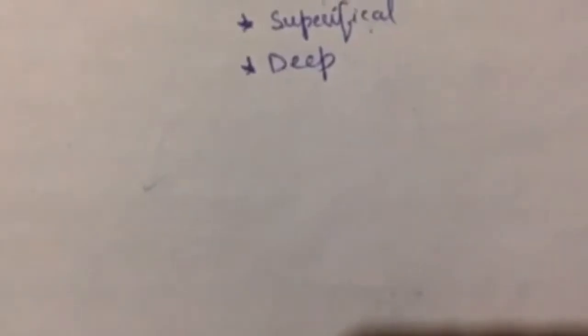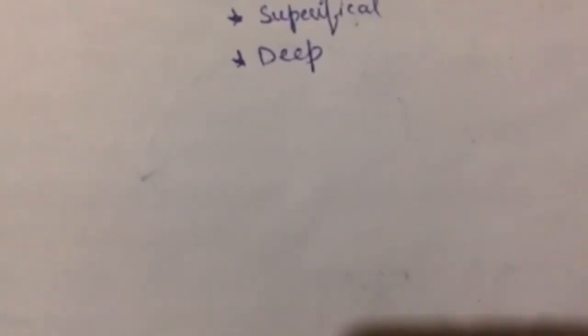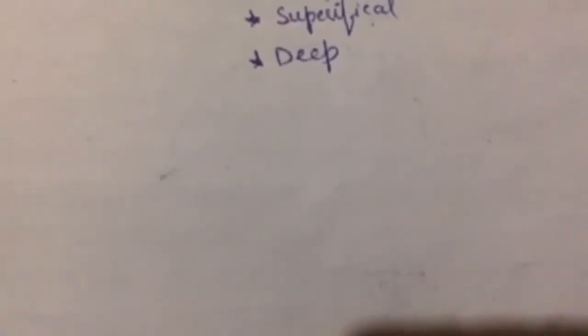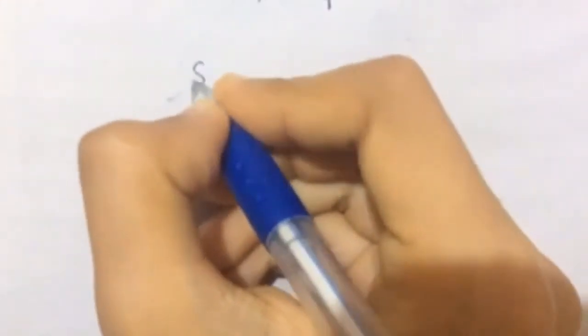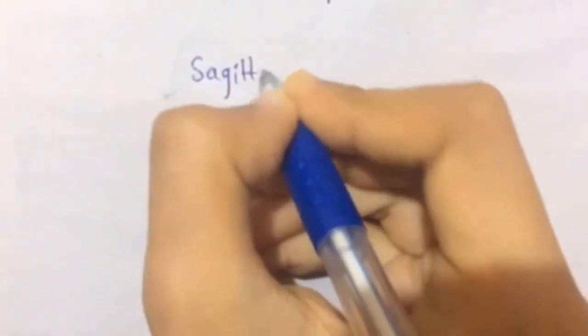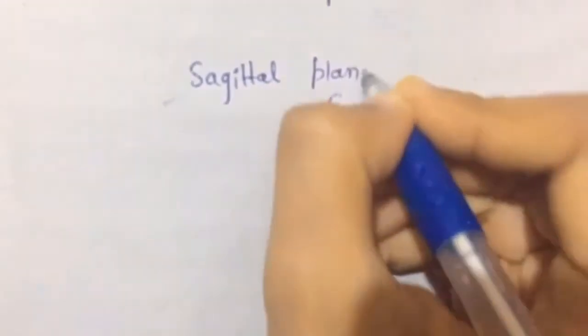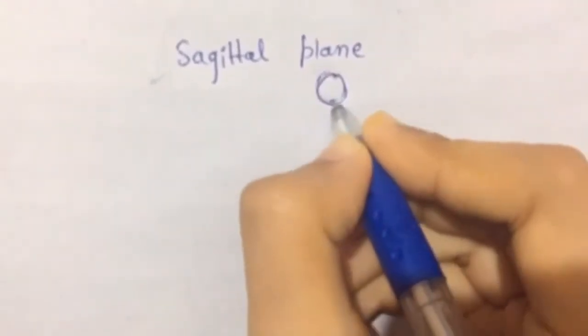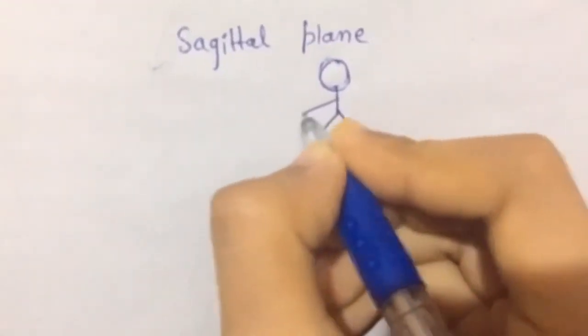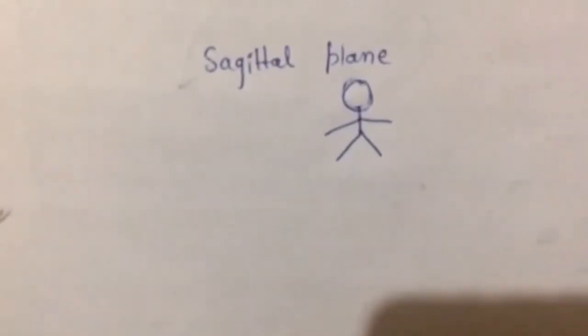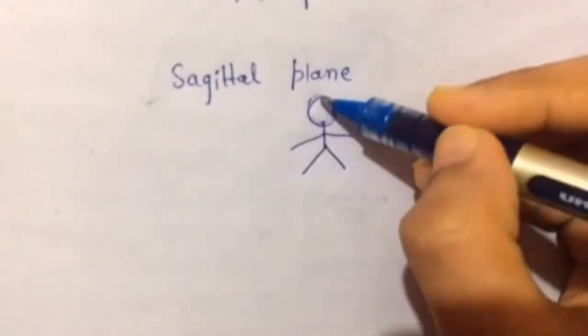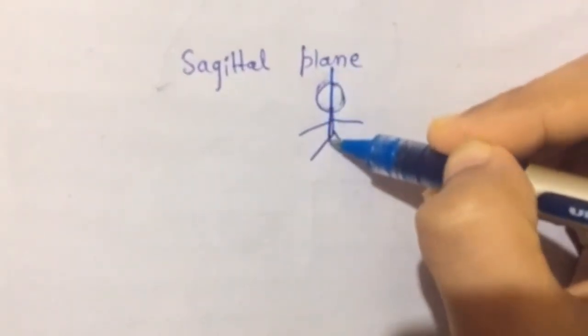So first, we have to write down the three planes. The first one is the sagittal plane. If this is a person, and we divide from the middle of the person, both sides are equal halves, right and left.